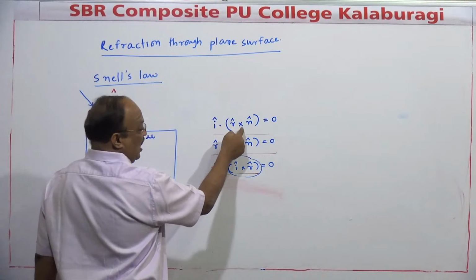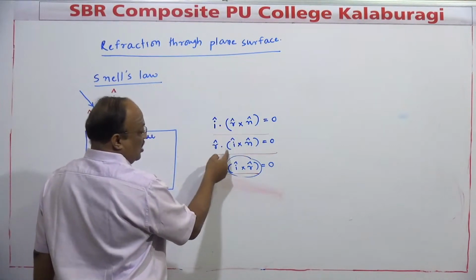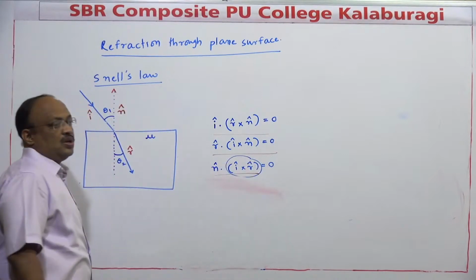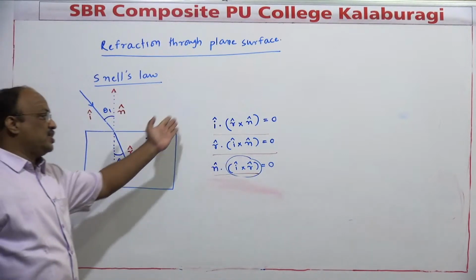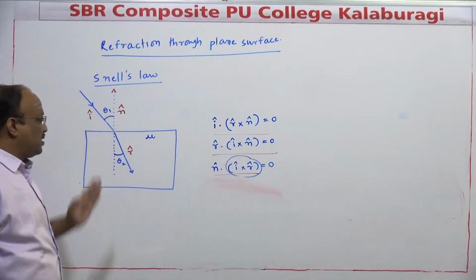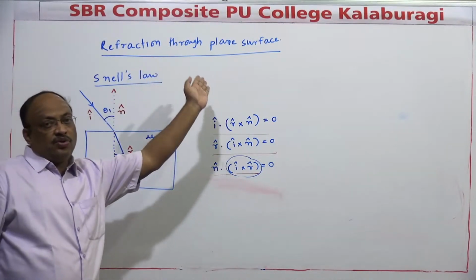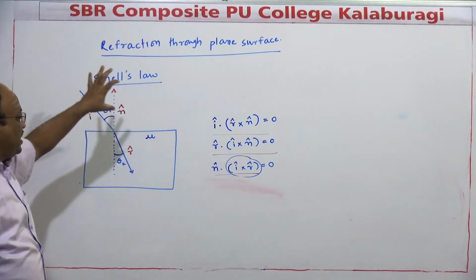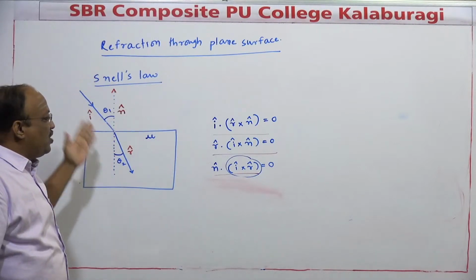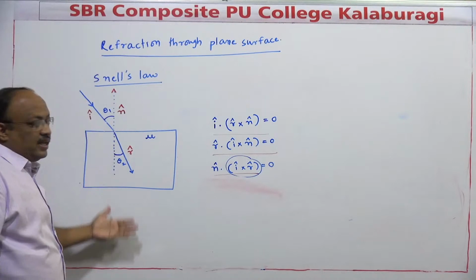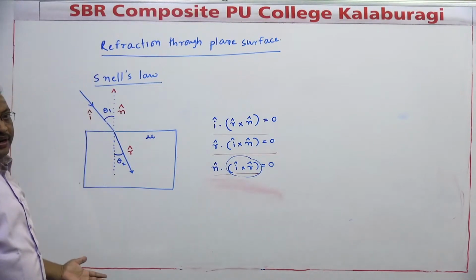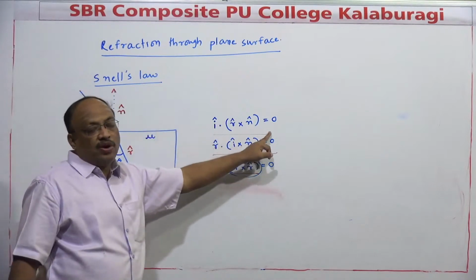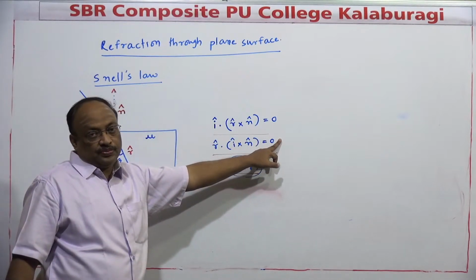I dot R cross N, R dot I cross N, N dot I cross R. Whatever it is, the triple product of these vectors will be equal to 0. That shows the incident ray, refracted ray, and normal to the surface lie in the same plane. Then only the triple product of these three vectors becomes equal to 0.